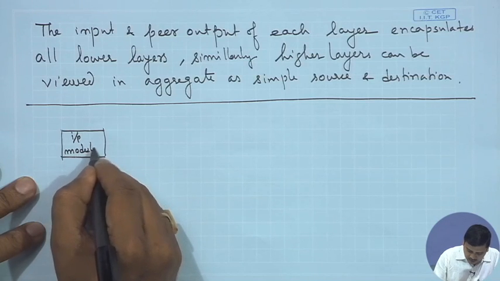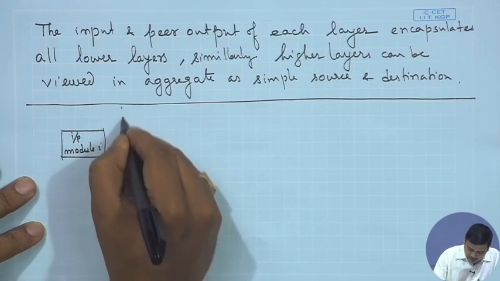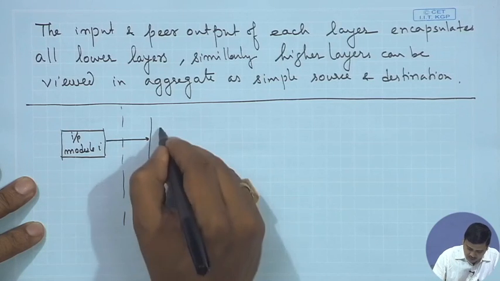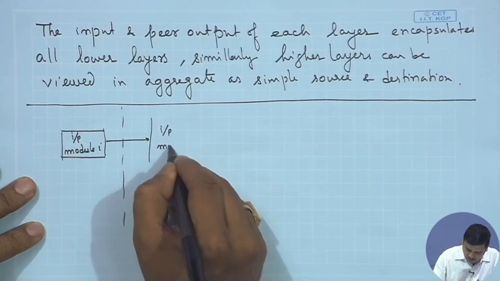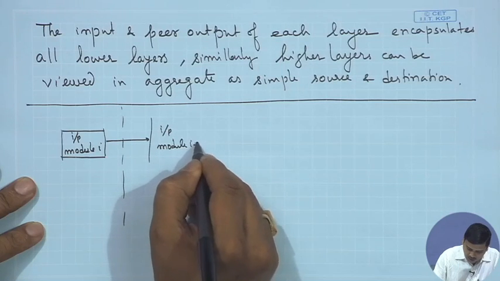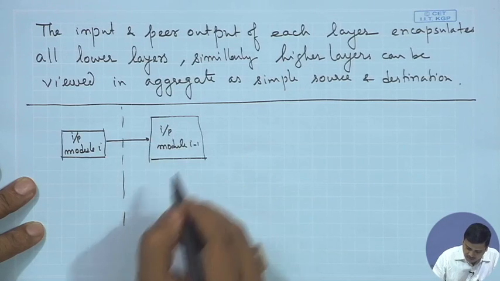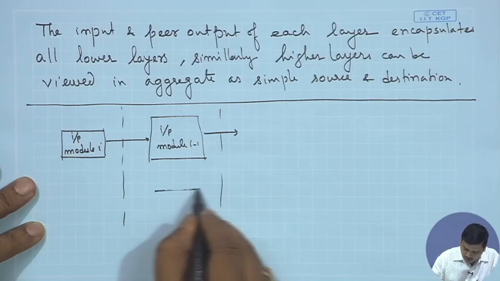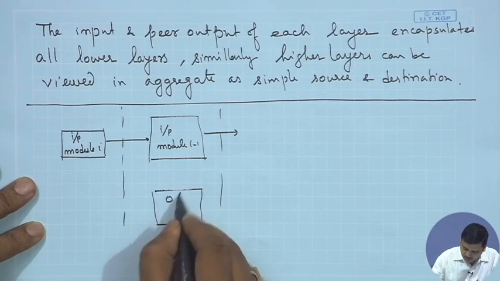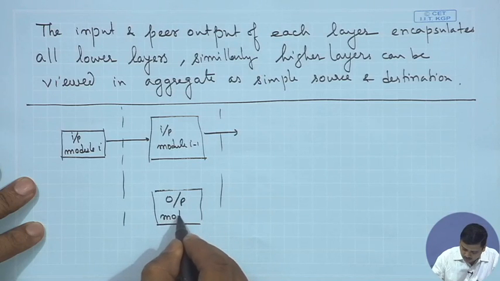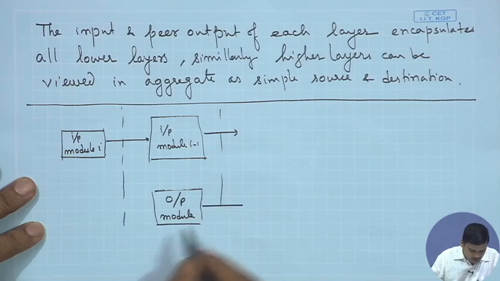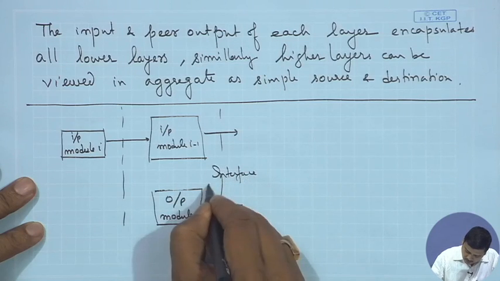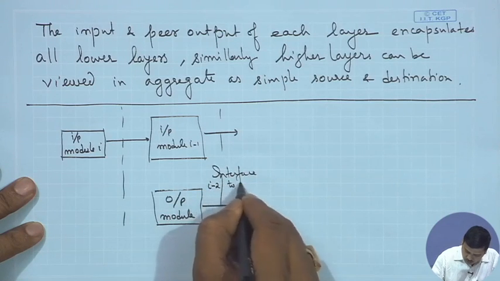This is module I, this is the input, this is the interface, this is input module I minus 1. This is a very generic picture, and there is an interface, and so on. It continues. This is the output module, and this is the interface from I minus 2 to I minus 1.